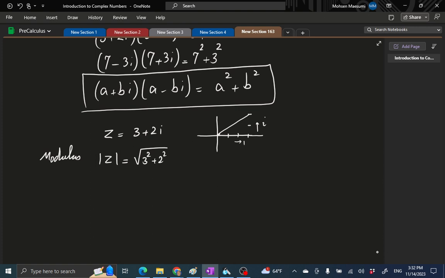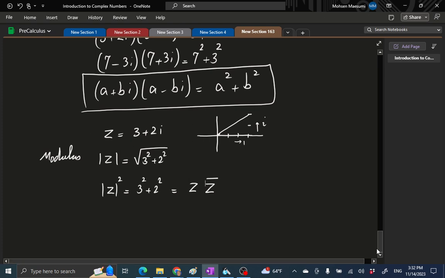Okay, so that's a definition of absolute value, or the modulus of a complex number. So if I take the modulus of the complex number and square it, I get 3 squared plus 2 squared, which is what I would have gotten if I had taken z and multiplied it with z bar. So let's write this again.